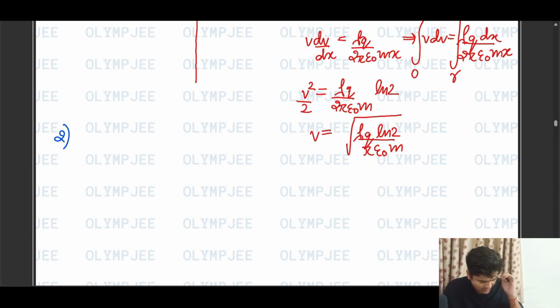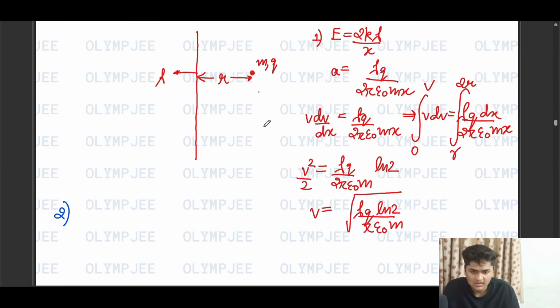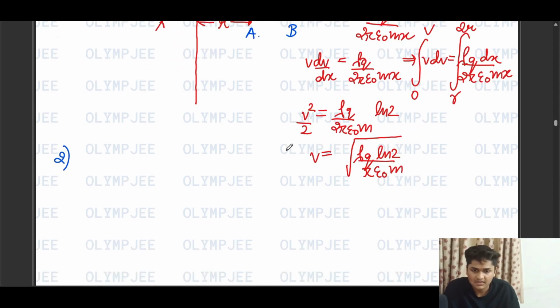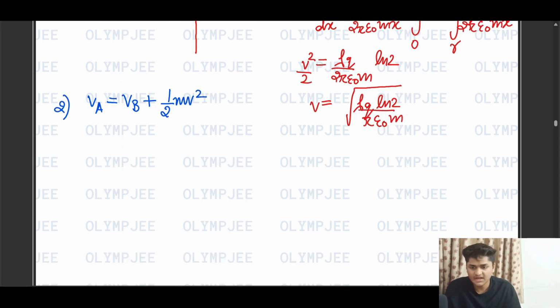So if this is point A and this is point B, we can write that VA is equal to VB plus half mv² by energy conservation. So this will give us that VA minus VB is equal to half mv².